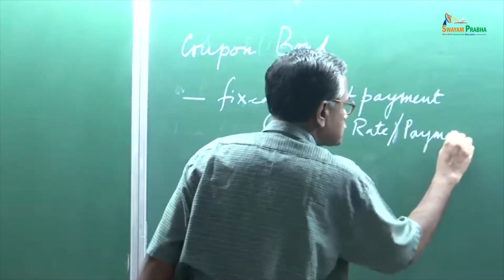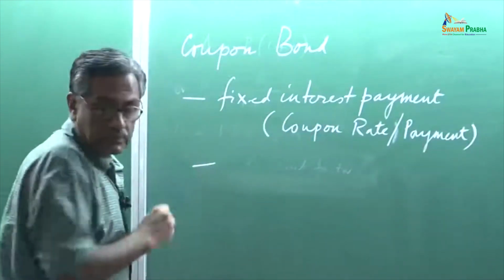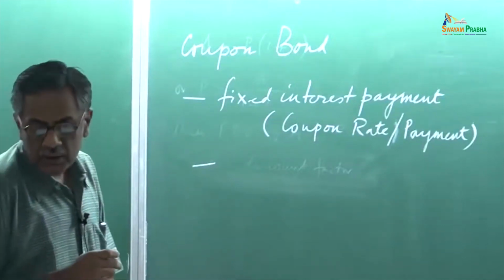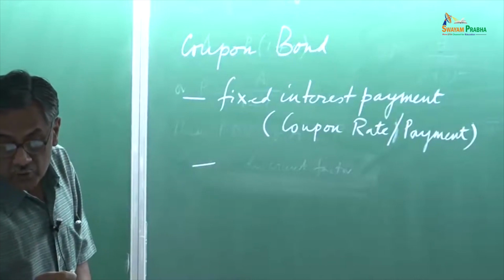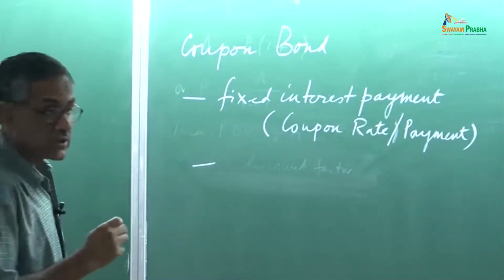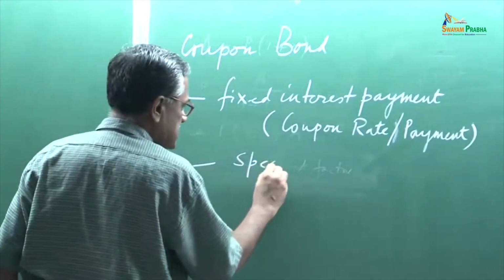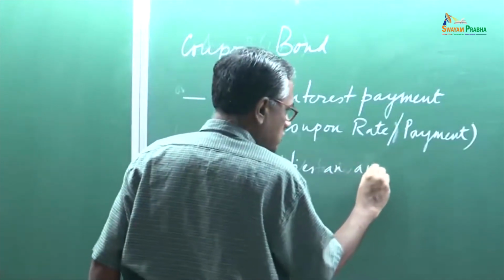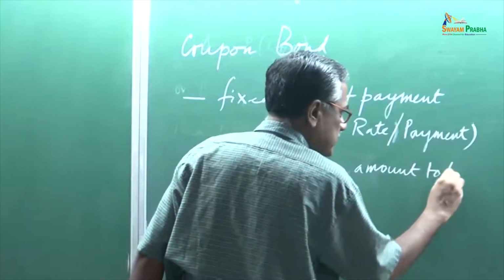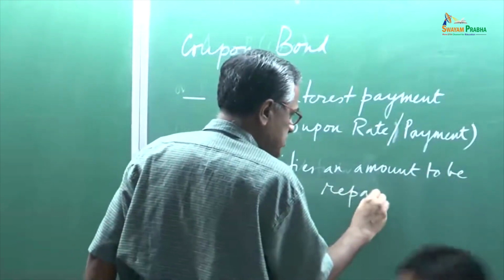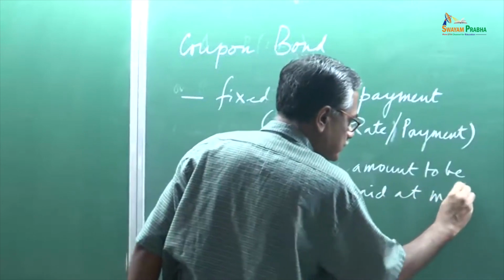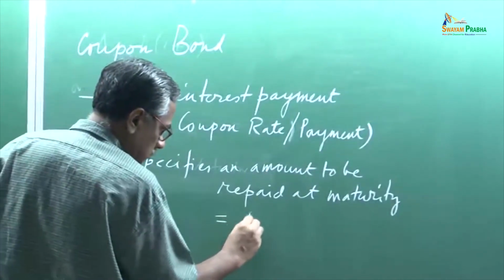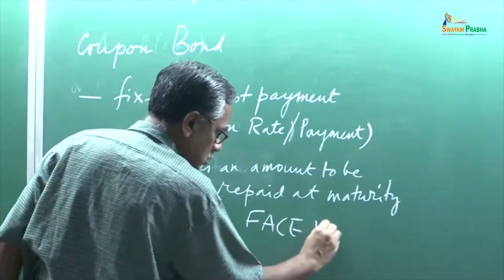Next, a coupon bond also specifies the fixed final amount which will be repaid at maturity, which is usually equal to what is known as the face value of the bond.